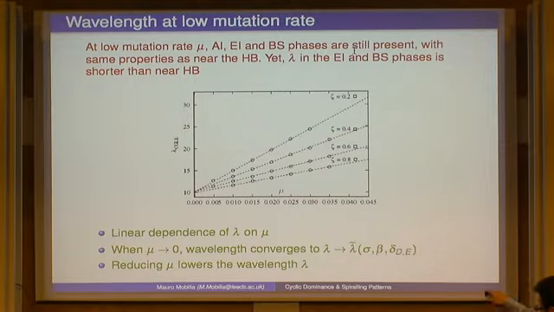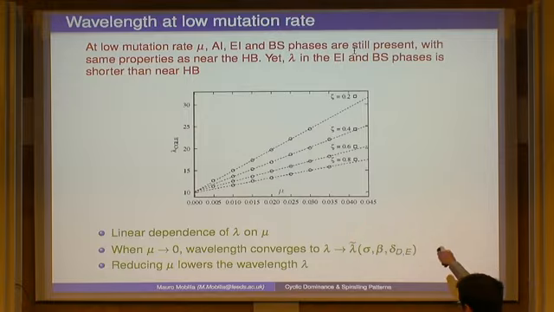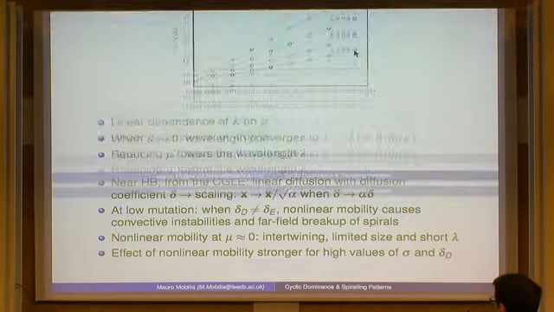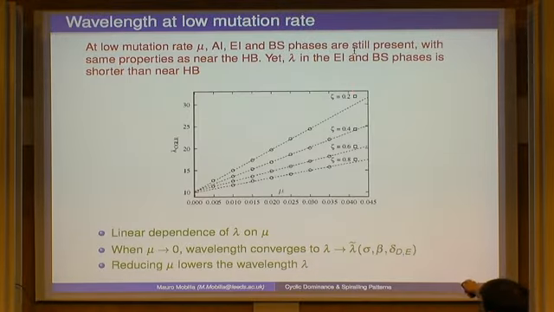If we plot the various values of the wavelength for a given set of parameters and vary just, say here, zeta and mu, so here we are near the Hopf bifurcation, and we can use the CGLE to make our prediction.